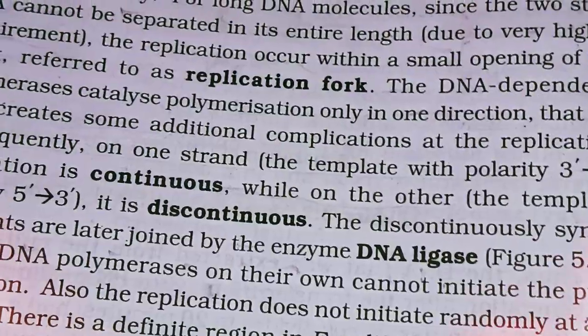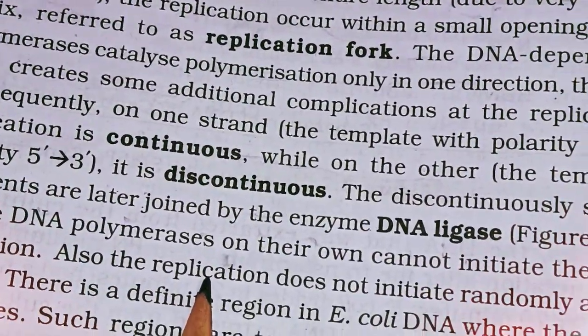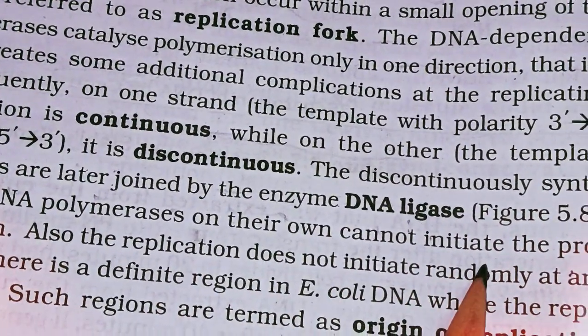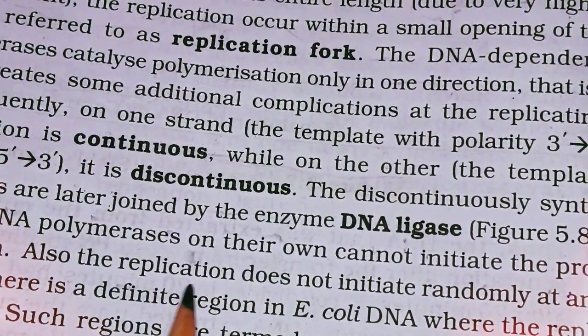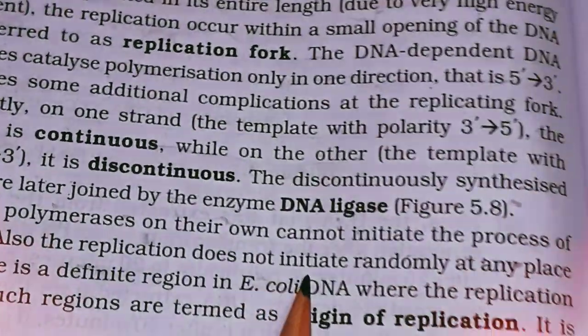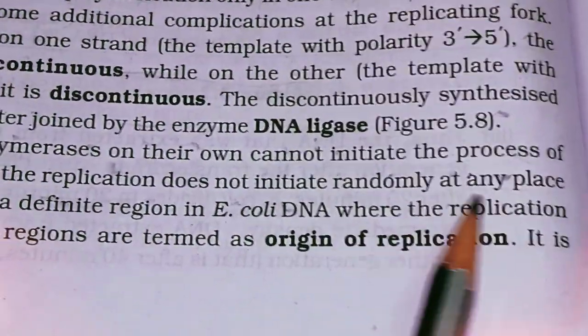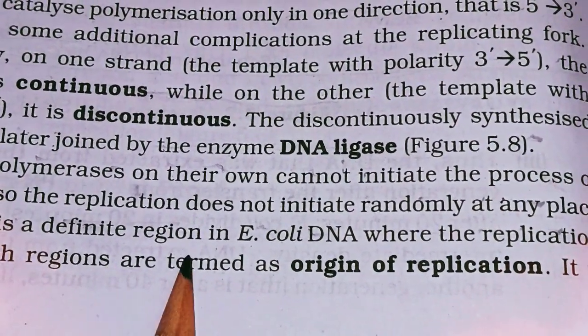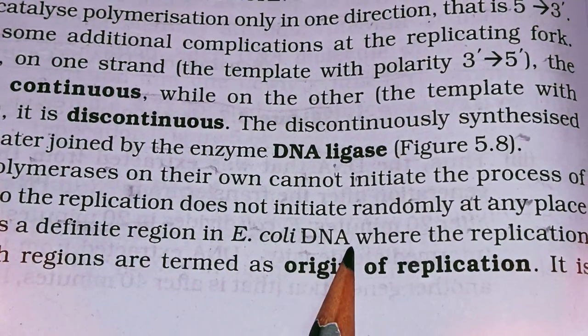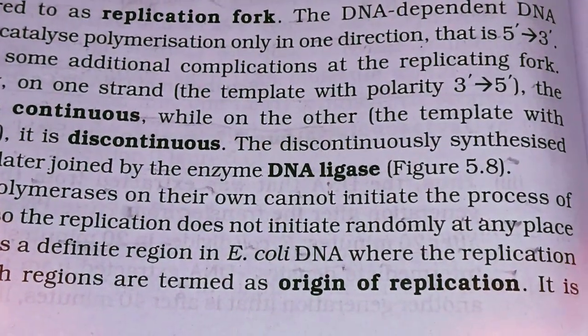Next, the DNA polymerases on their own cannot initiate the process of replication. Also, the replication does not initiate randomly at any place in DNA. There is a definite region in E. coli DNA where the replication originates.